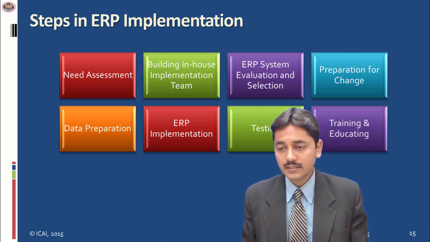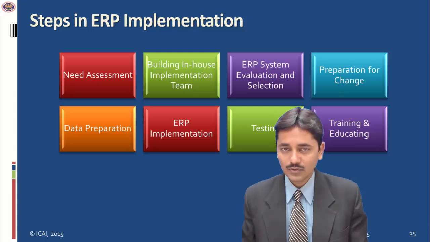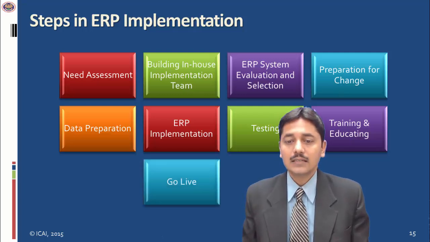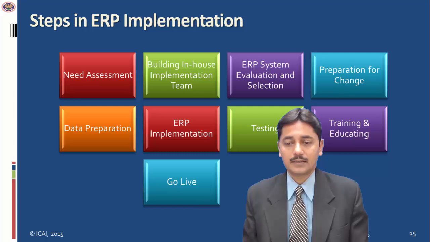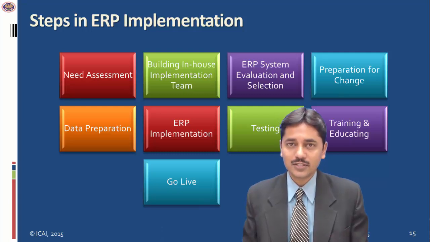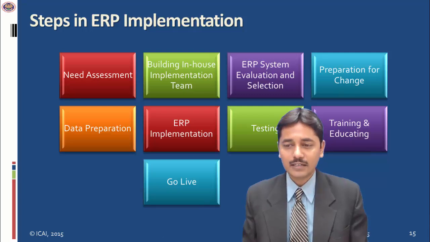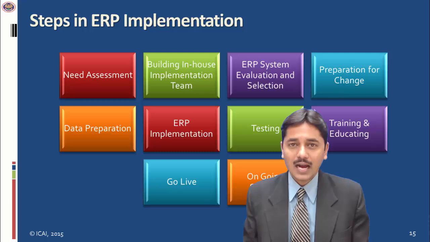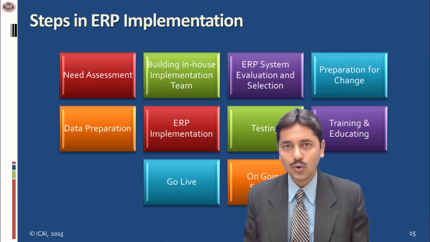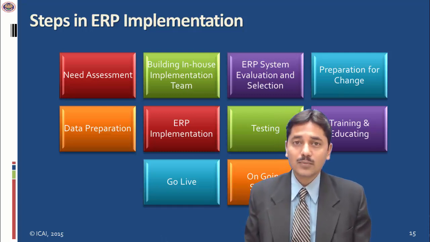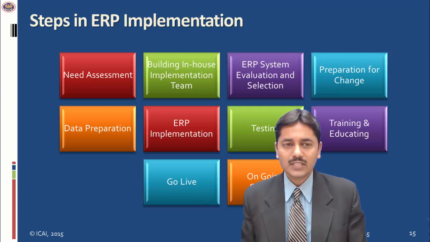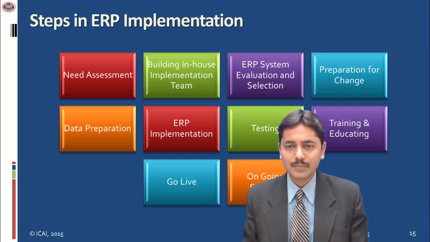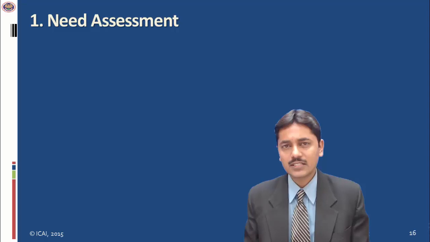After testing, training and educating people is one of the parts, and step number 9 in this process is go live. After implementing, testing, training and educating, it is time to go live. And once we are live on the system, ongoing support is extremely necessary. So these are by and large 10 steps in ERP implementation. We will discuss these steps one by one.